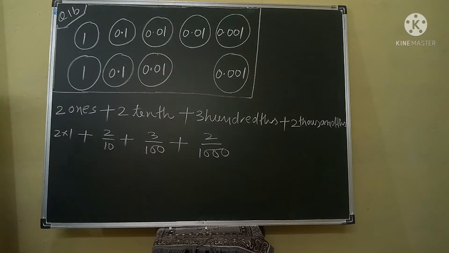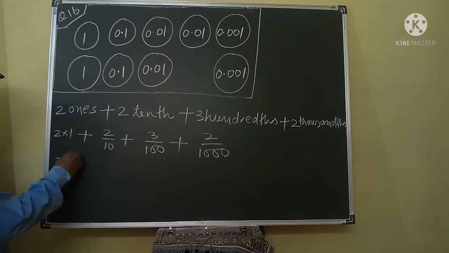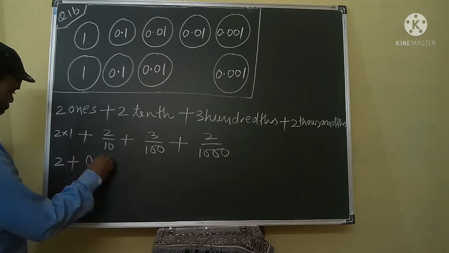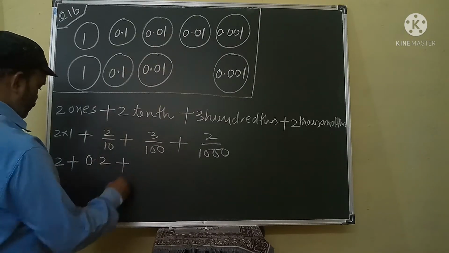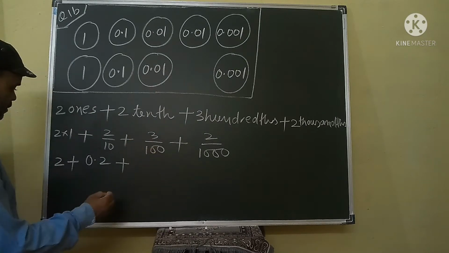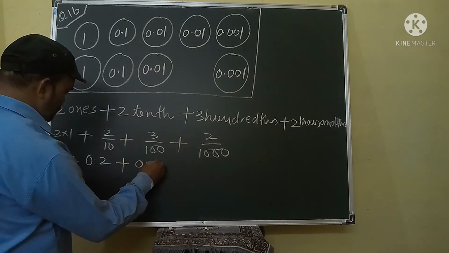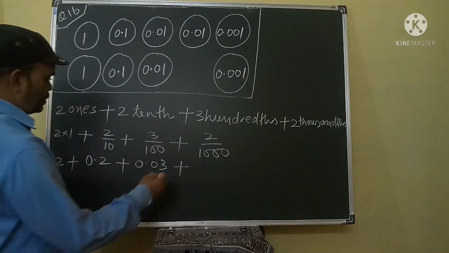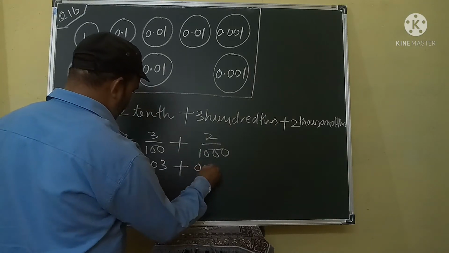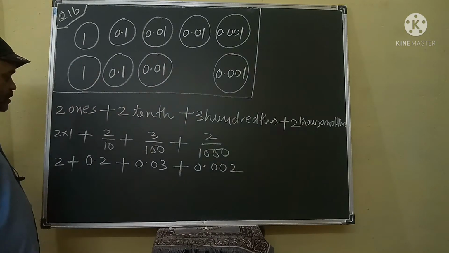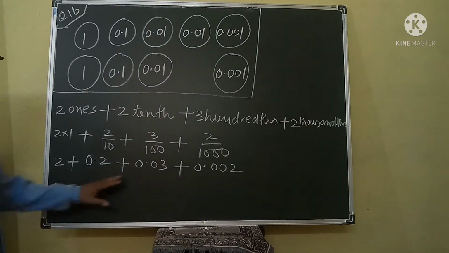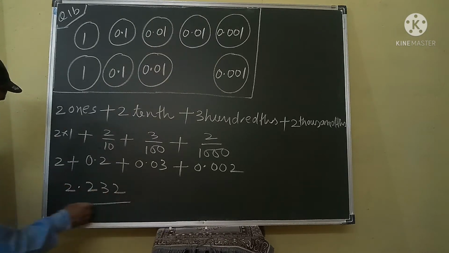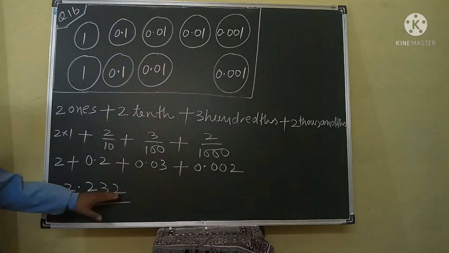So now look here, 2 ones is 2, plus 2 upon 10 means 0.2, plus 3 upon 100 means 0.03, and 2 upon 1000 means 0.002. After adding we will get 2.232.